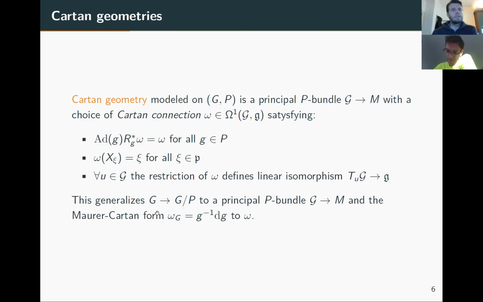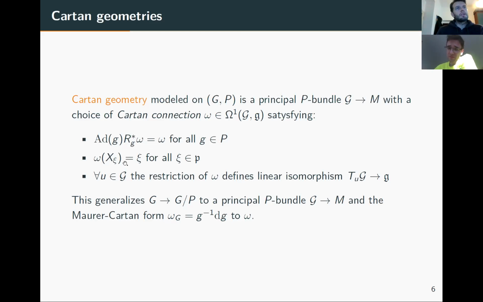So you look at this homogeneous case, and then you decide, okay, let's replace this Lie group G by a general principal P bundle, and let's see what properties of the Maurer-Cartan form I can keep. And these are the properties.